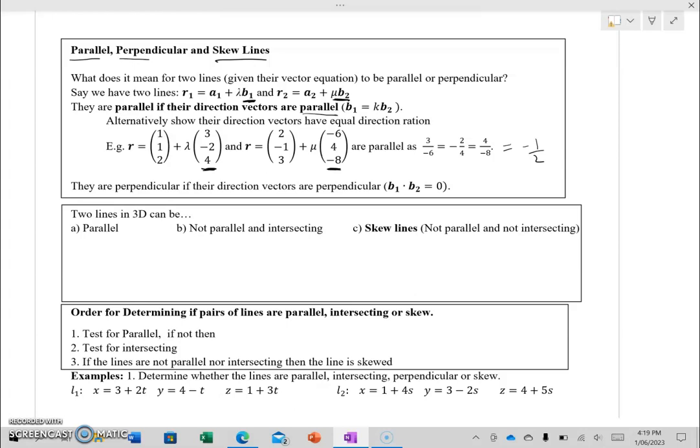The other way of doing it is taking one of the vectors and factorizing to get the other vector. If you take out a negative 2 here, you'll get 3, negative 2, and that'll be positive 4. So one of the direction vectors is negative 2 times the other direction vector. It's a scalar multiple, therefore parallel. So that's the other method of showing parallel.